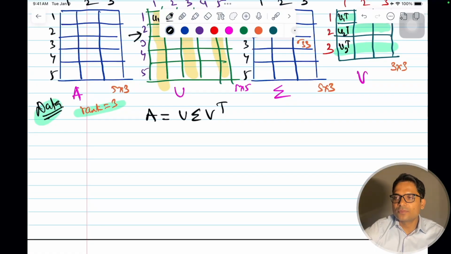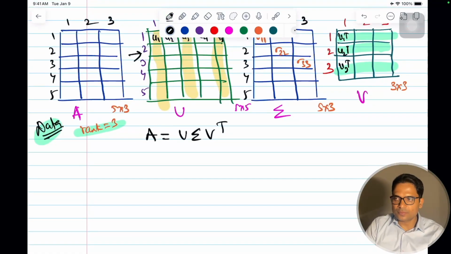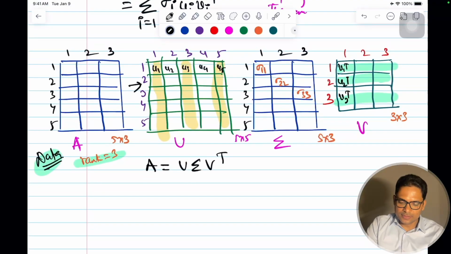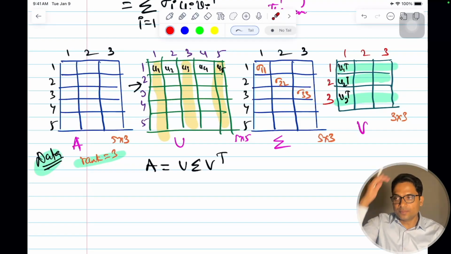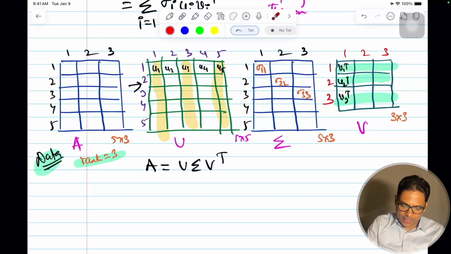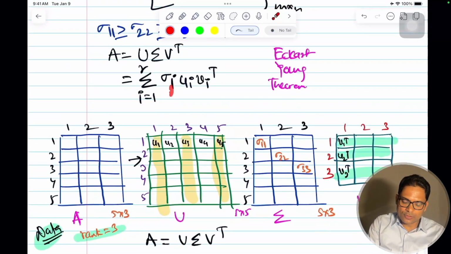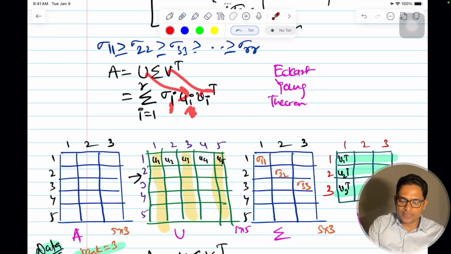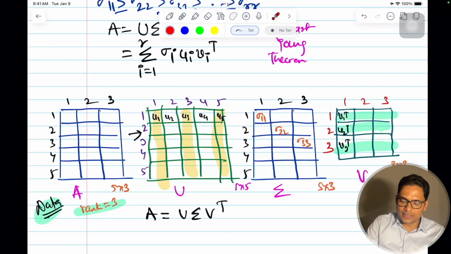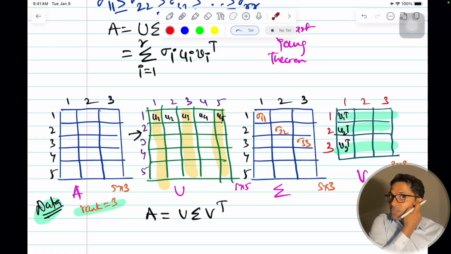So u_i is the ith column of the U matrix, and v_i is the ith column of the V matrix. The singular values are ordered from largest to smallest, and the first terms capture the vast majority of information.